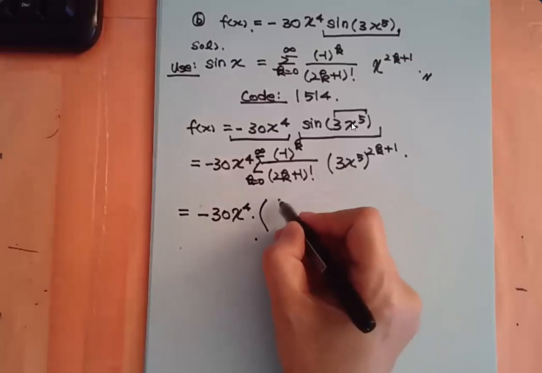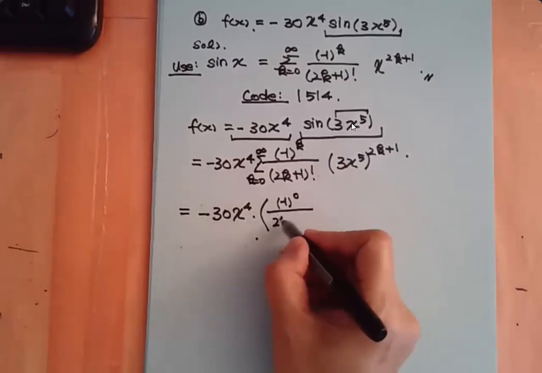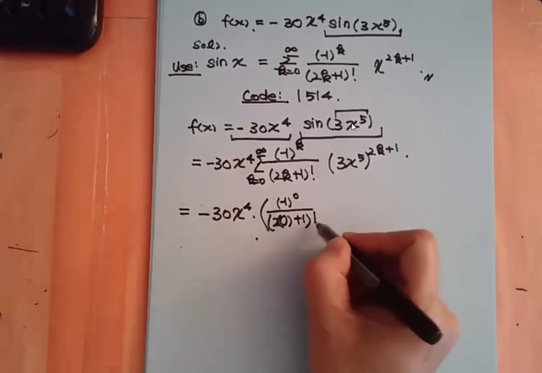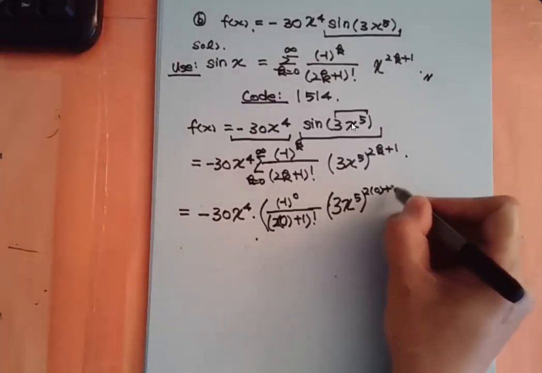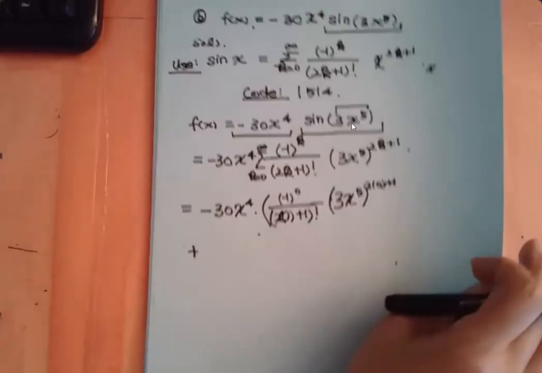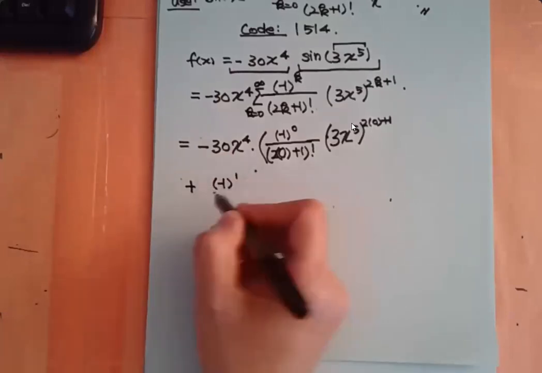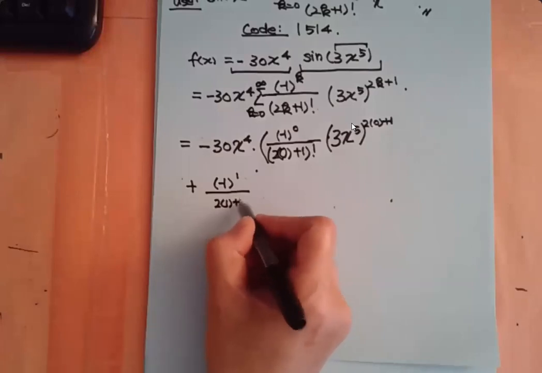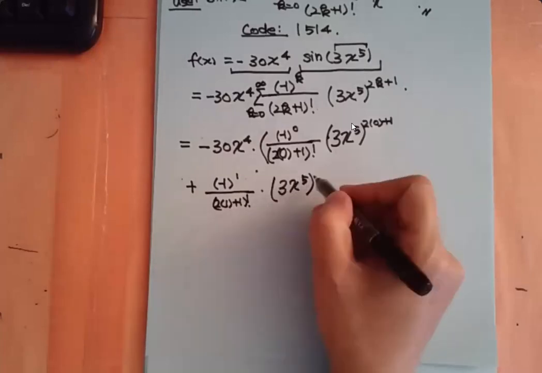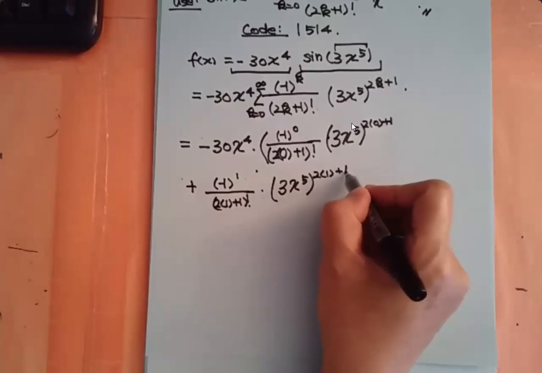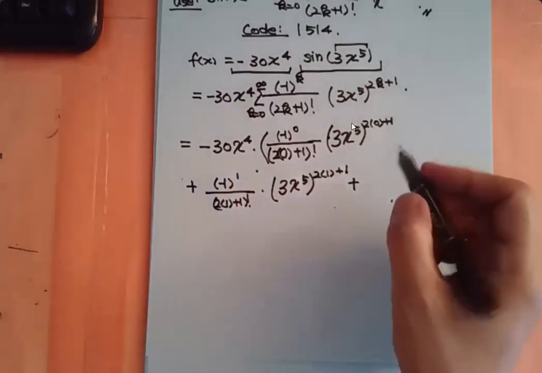I will just put k equals 0, 1, 2 in an orderly manner. 0 power over 2 times 0 plus 1 factorial times 3 times x to the fifth power 2 times 0 plus 1 plus, and then negative 1 to the 1 power over 2 times 1 plus 1 factorial times 3 times x to the fifth power 2 times 1 plus 1 plus we have to find first the three terms in the Maclaurin series.